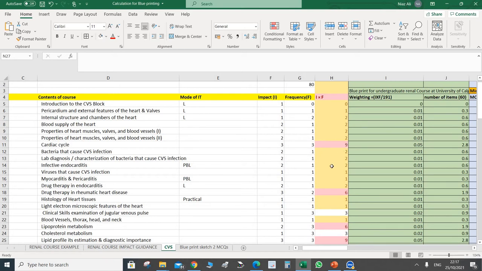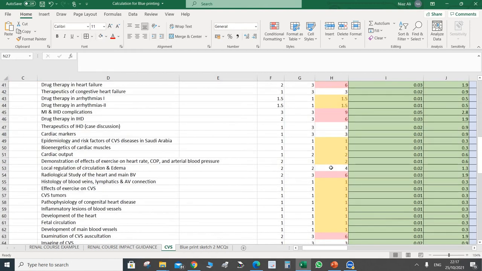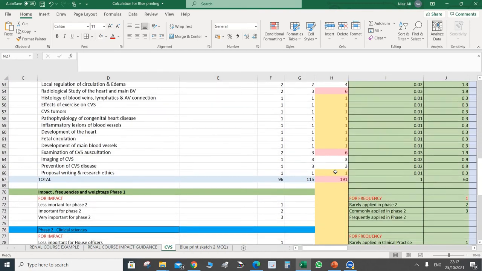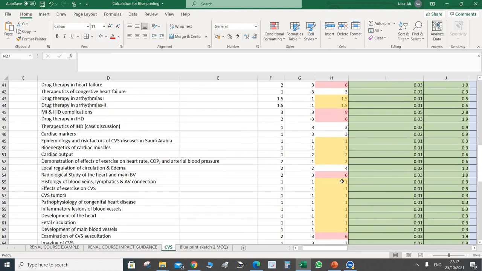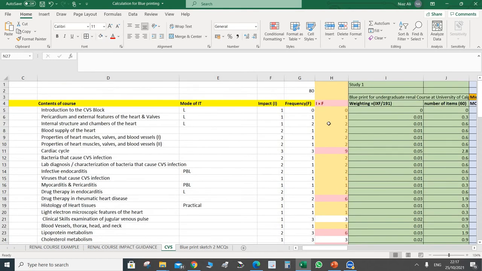Now all these values are summated. For example, here it is 191, and this 191 is the sum of the products of impact multiplied by frequency.